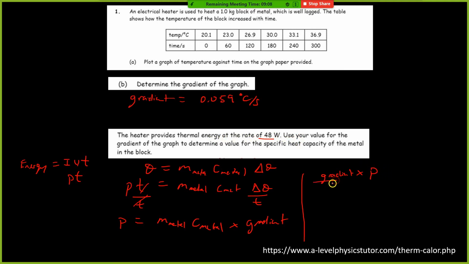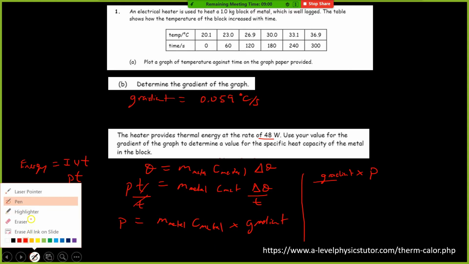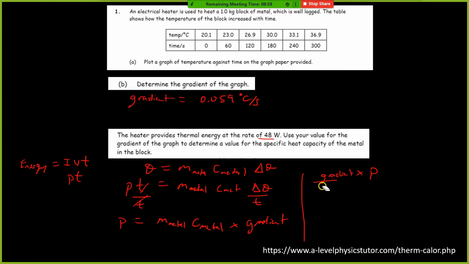Let me see if I'm doing the right thing here. No, let me correct something. Give me a second. The gradient is multiplying on that side, so it would have to be dividing at the end of the day. So bring that across, it's going to divide.